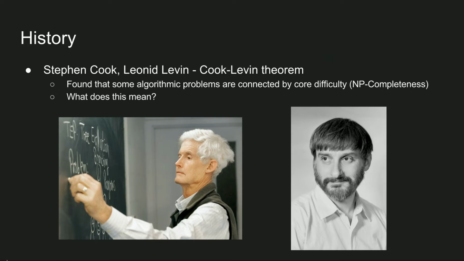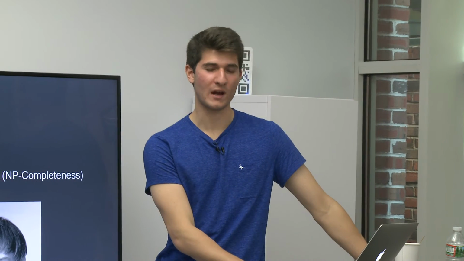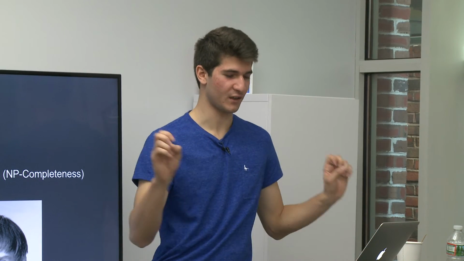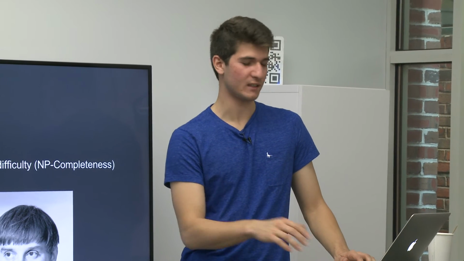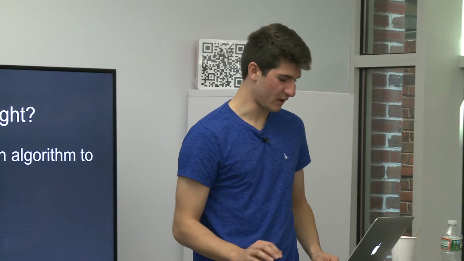What that means is that if you could have a fast solution to one problem, you could use the same algorithm to solve a very different, seemingly different problem. That was a good way to categorize these problems, and we learned a lot from that about complexity in general, complexity theory being the field of categorizing these problems. So I think that was a really important moment.